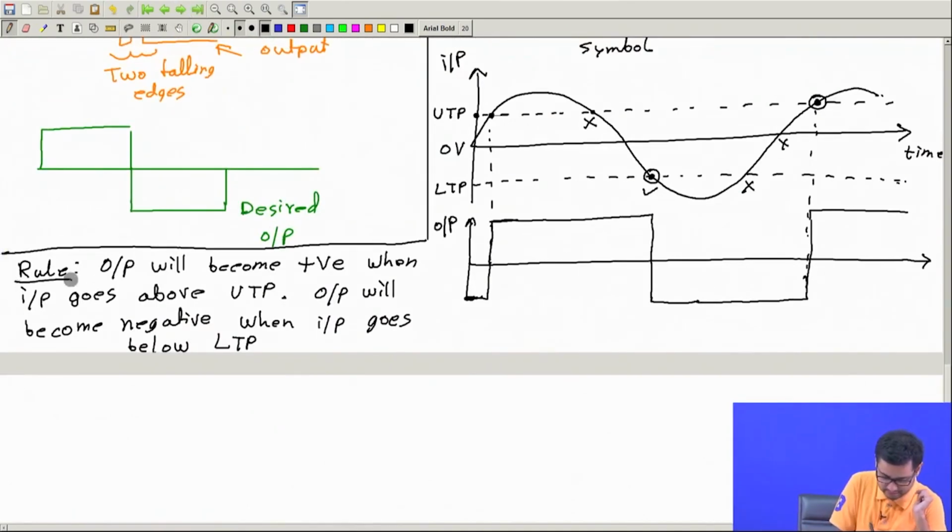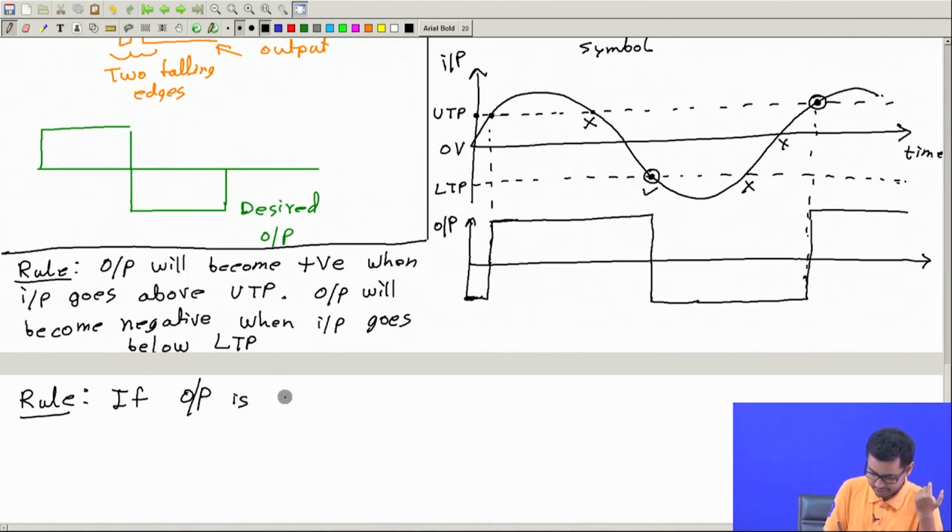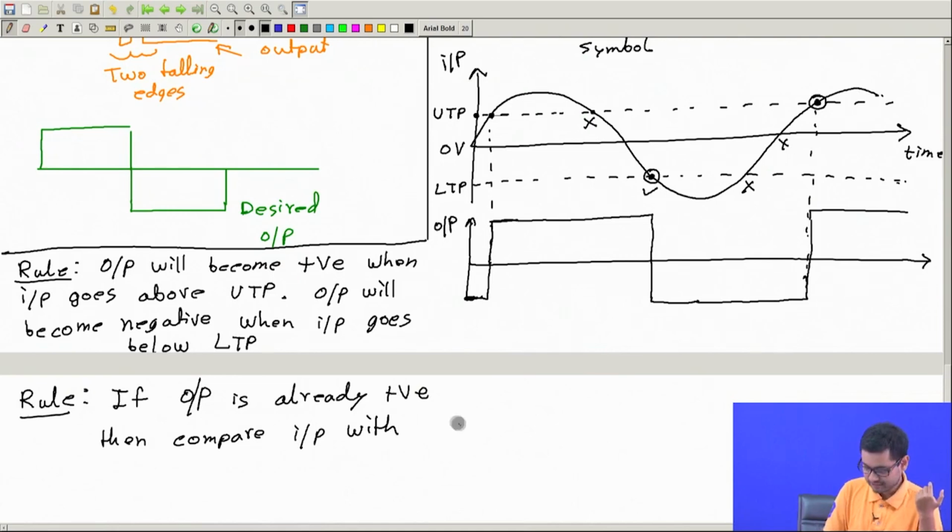Okay, so this is the rule actually. So if output is already positive, then compare input with, can you guess? This is lower trigger point.